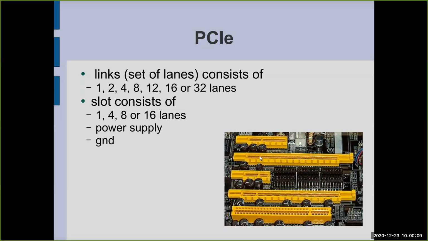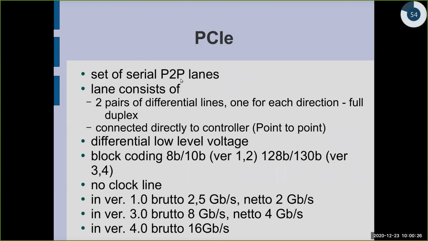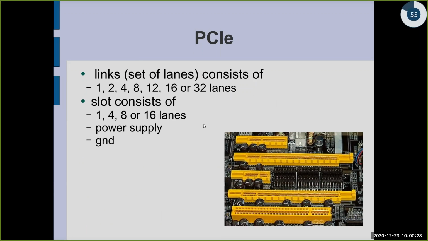So what happens? If you connect here 2 graphic cards, there is a risk that it doesn't work, because a lane is a point-to-point interface, so it is impossible to connect more devices than the number of lanes is. Of course, you can decrease the speed of a particular device, so some devices may use 16 or 8 or 4 lanes.